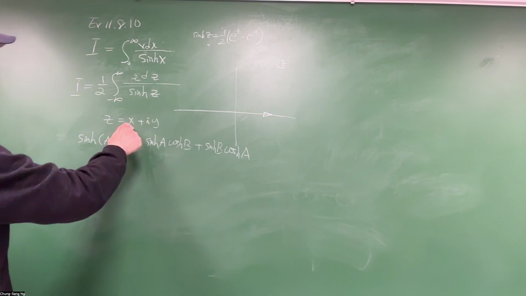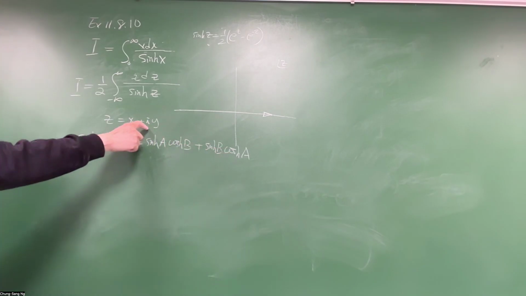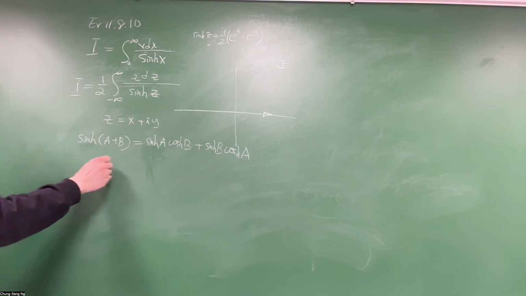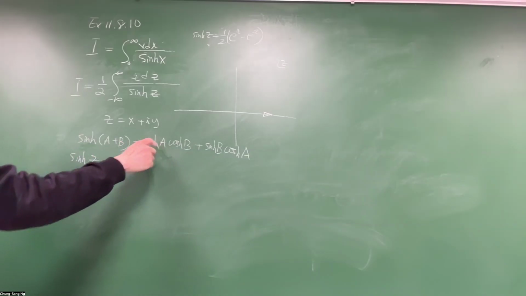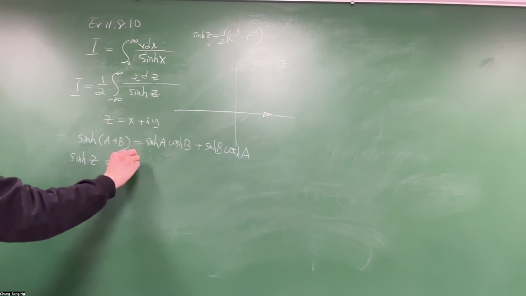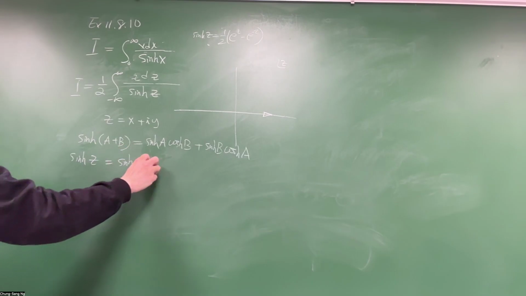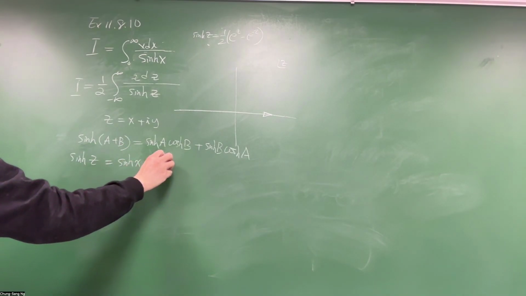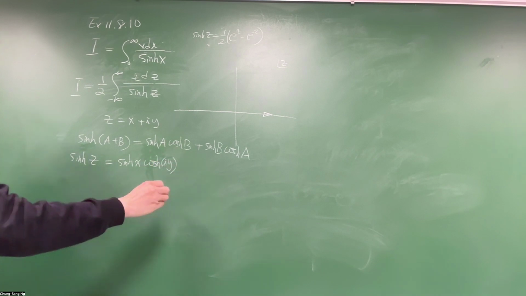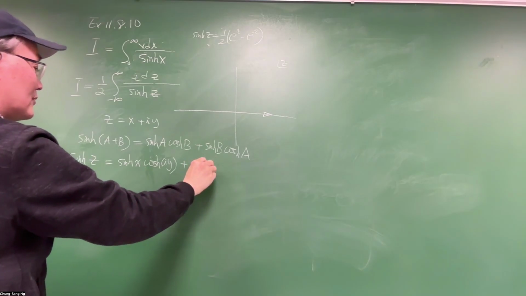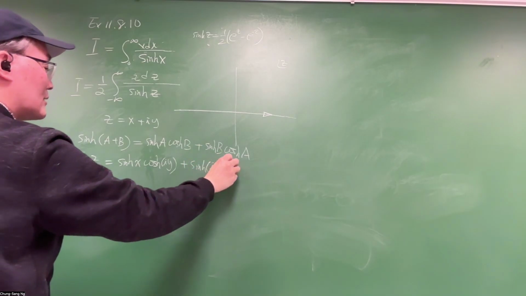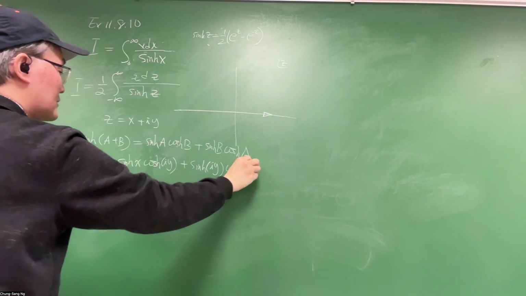Now using a and b as x and iy, sinh of z is sinh of x cos of y plus sinh of iy cosh of x.